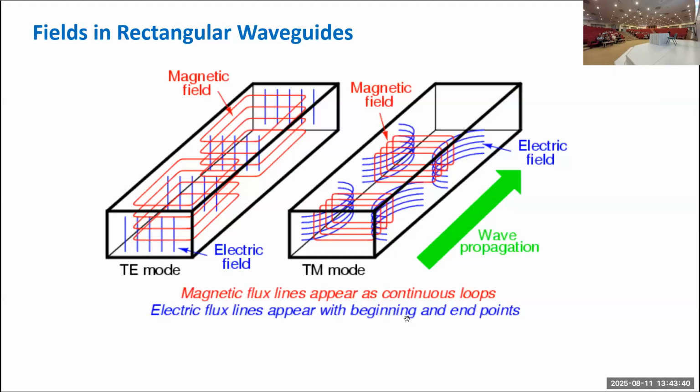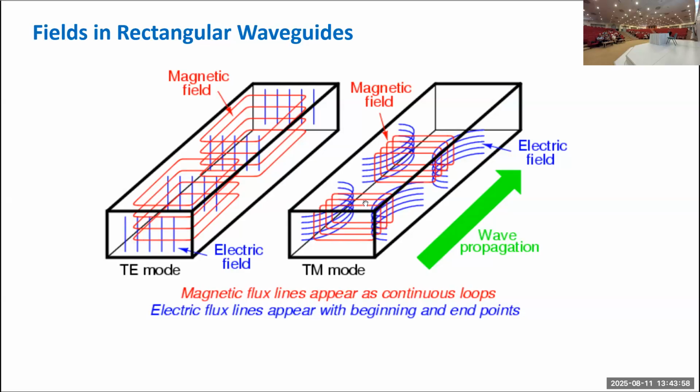Now, when RF flows through these waveguides, we have transverse electric modes or transverse magnetic modes. Here, on this side, we have the transverse magnetic mode.